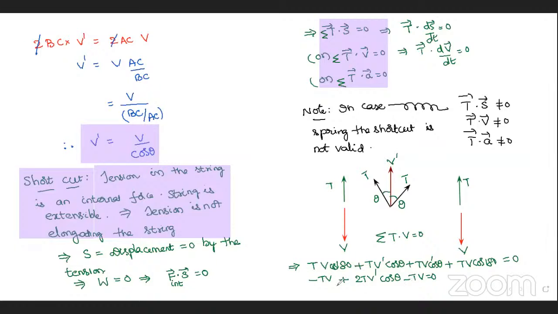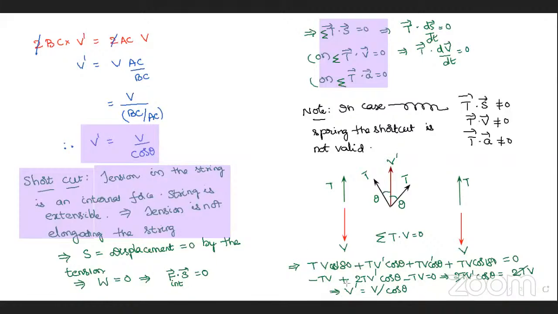Simple, throw the 2 negative terms to the other side. You will get 2 TV dash cos theta equals 2 TV. Then 2T cancels. What do you want? V dash. That implies I got the answer. V dash equals V divided by cos theta. You got the answer or not?